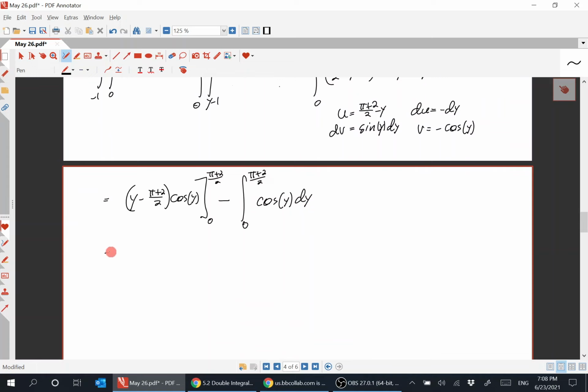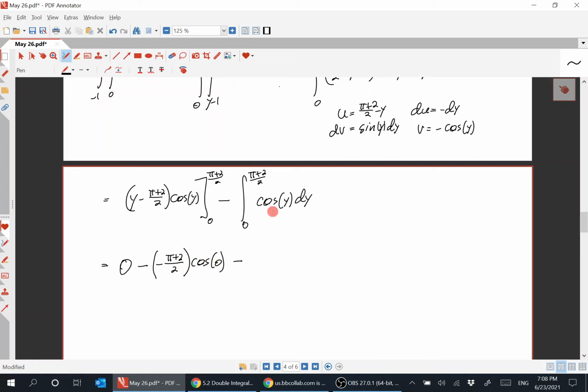Evaluating this, at pi plus 2 over 2 we get 0. Minus, at 0, this becomes minus pi plus 2 over 2 times cosine 0.